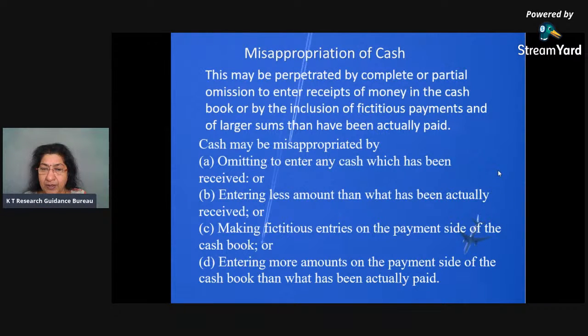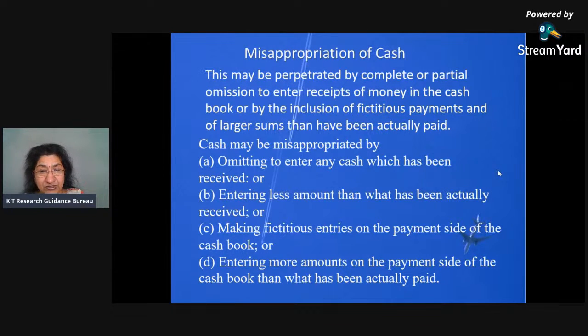Making fictitious entries on the payment side of the cash book. Suppose the company has paid only 10,000 rupees as wages and 10 employees were there, means the laborers were there, and artificially he highlighted 12 laborers and he paid 12,000 rupees.